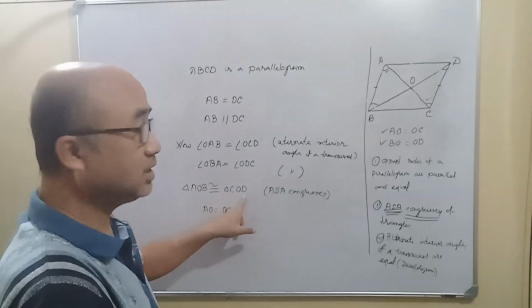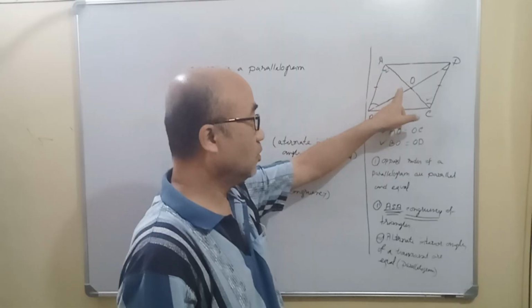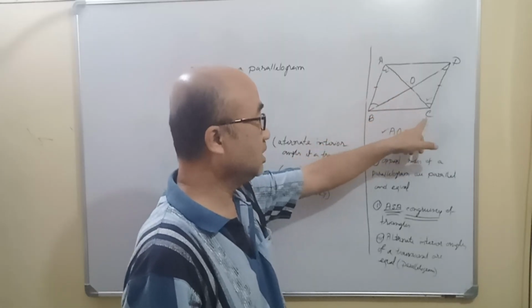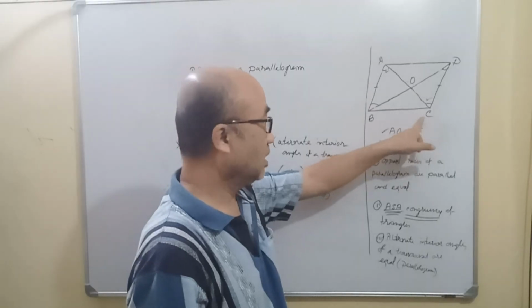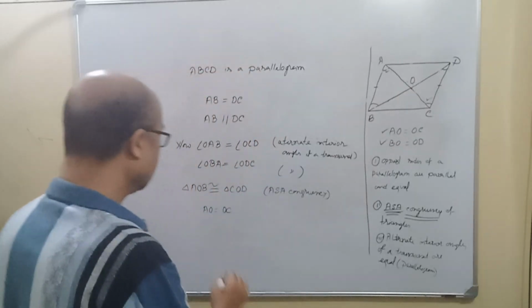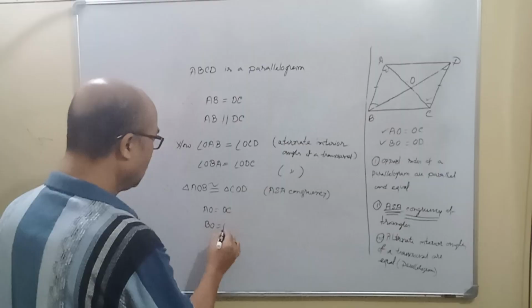AOB and COD are congruent triangles, and AO is the corresponding side to OC, and BO is corresponding to OD, hence BO is also equal to OD.